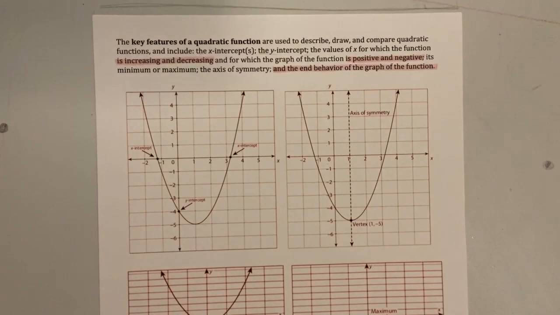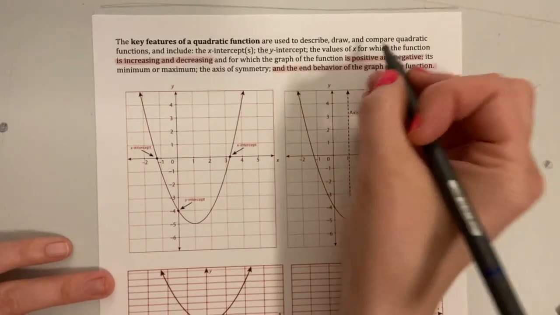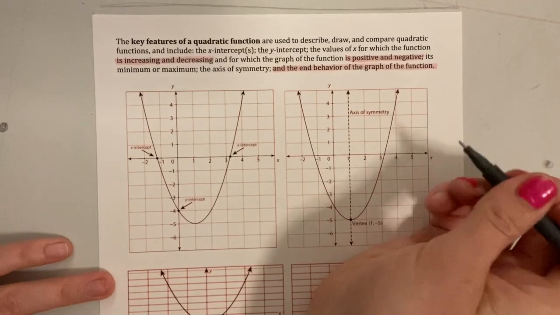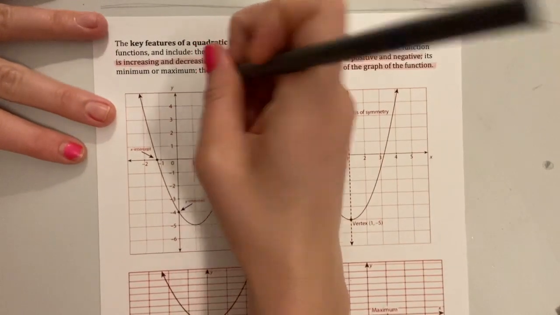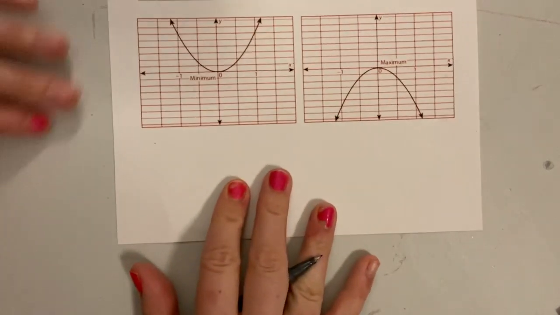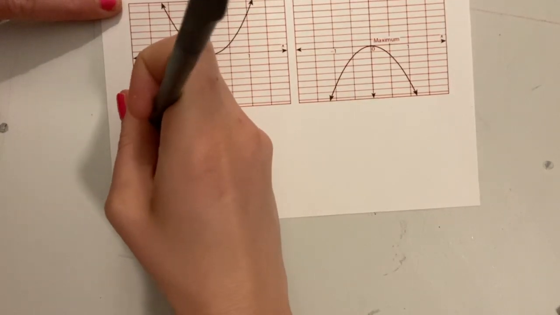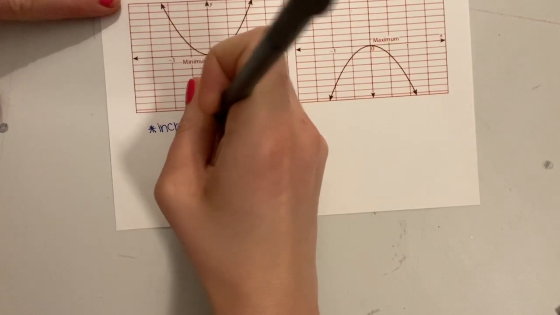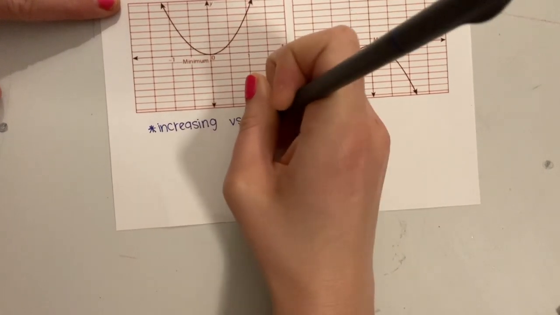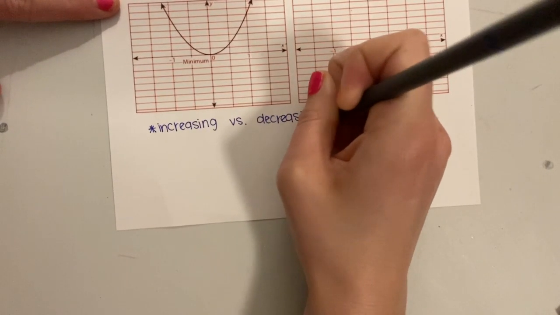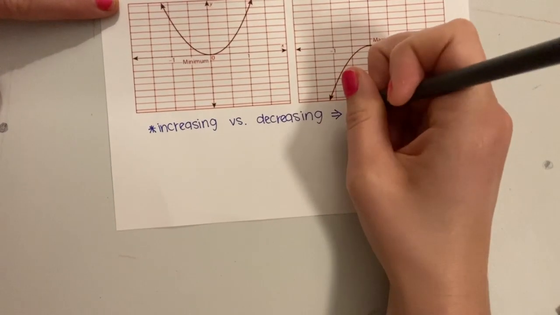So really quickly, and hopefully this seems familiar from past units, we know that increasing and decreasing is referring to the slope. I'll write this down at the bottom here: increasing versus decreasing, you are thinking about slope.